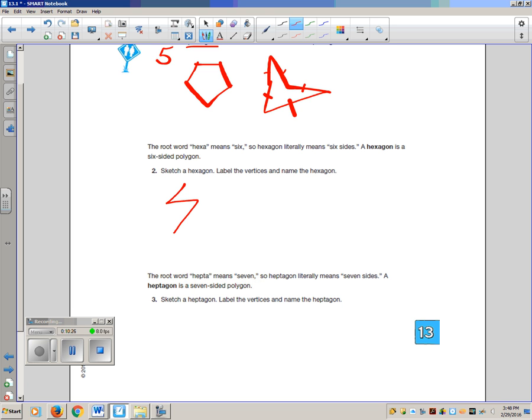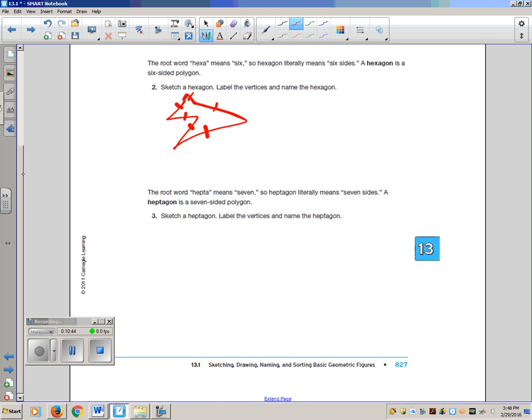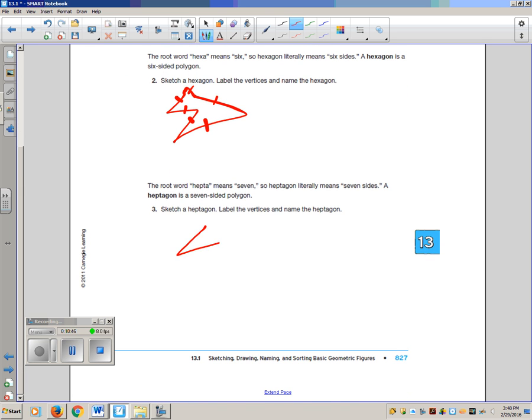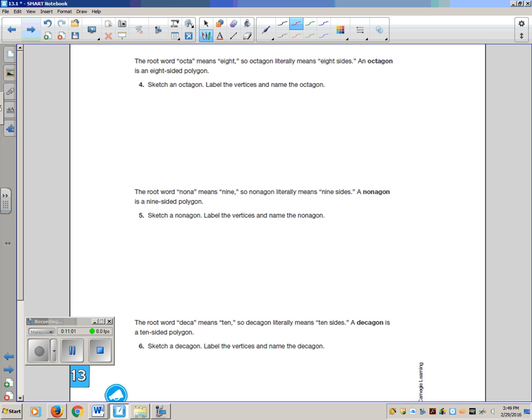1, 2, 3, 4, 5, 6. That's a hexagon, 6 sides. Heptagon, hepta, has 7. 1, 2, 3, 4, 5, 6, 7. What's that look like? Boomerang. Octagon, 8.